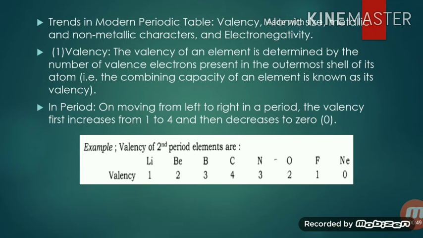For example, lithium, in the first group, has valency 1, beryllium has 2, boron has 3, carbon has 4, nitrogen has 3, and then it decreases: oxygen has 2, fluorine has 1, and neon has 0.